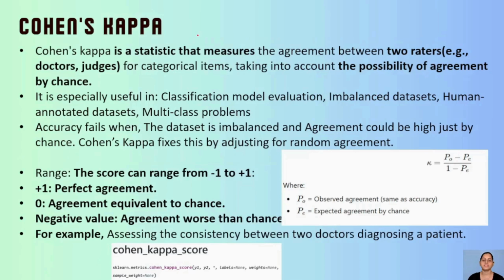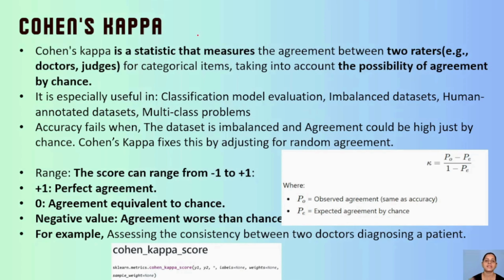Then we have Cohen's kappa. Cohen's kappa is a statistical measurement. Suppose two similar groups are performing at the same time, and they have to come to an agreement on which output is better from which group.